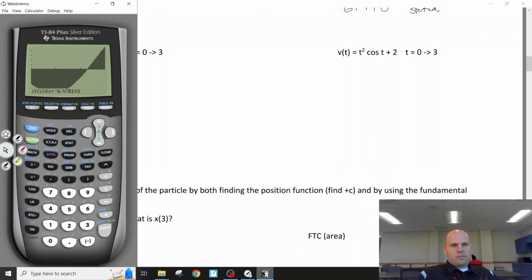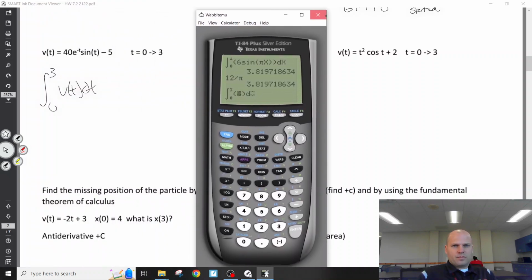Let's go back into the home screen. You can go ahead and analyze this, but I don't want this video to last 2 hours. I'm sure there are plenty of sign changes with this, because it has sine in it.